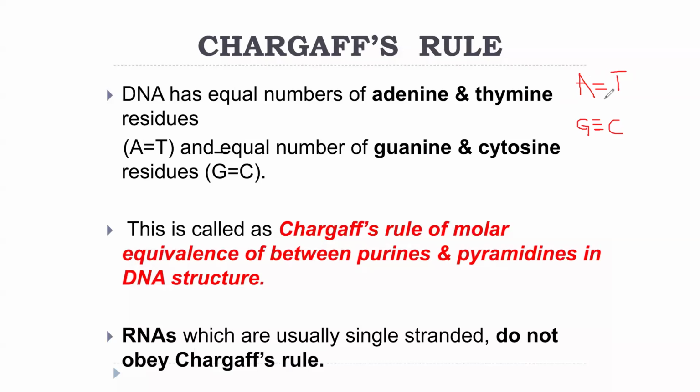The amount of adenine equals the amount of thymine because thymine pairs with adenine. So if you have 1000 adenine in DNA, then you have 1000 thymine. If you have 200 guanine in DNA, it means that you have 200 cytosine because they pair with one another. That is why the DNA is a double helix.